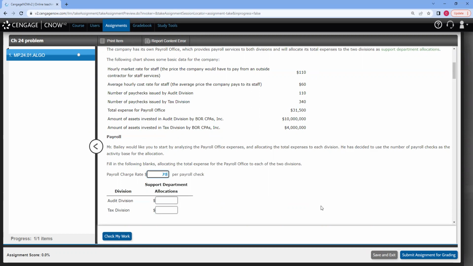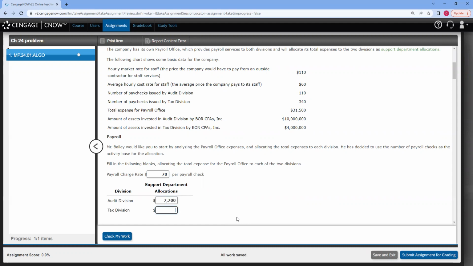So doing the math quickly, we have $70 per paycheck will be the support department allocation. So the audit department, with their 110 paychecks, would receive a total of $7,700 of that $31,500 total expense.